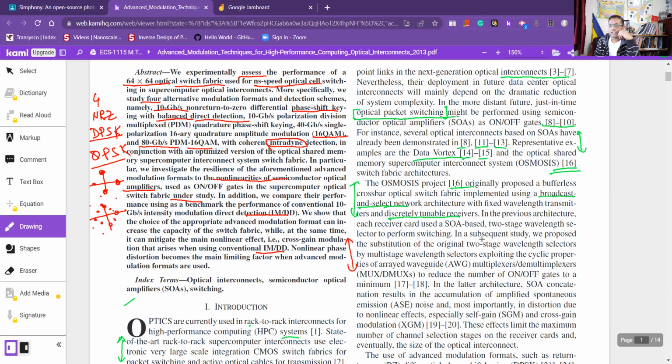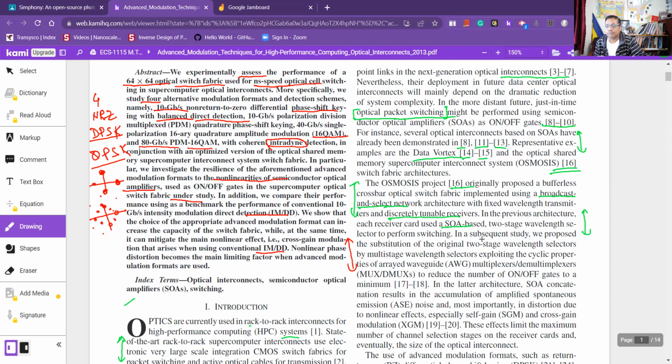Moving further, in the previous architecture, each receiver card used a semiconductor optical amplifier based two-stage wavelength selector to perform switching. So in the earlier article, this was the technology behind this architecture. In a subsequent study, we proposed the substitution of the original two-stage wavelength selectors by a multi-stage wavelength selector.